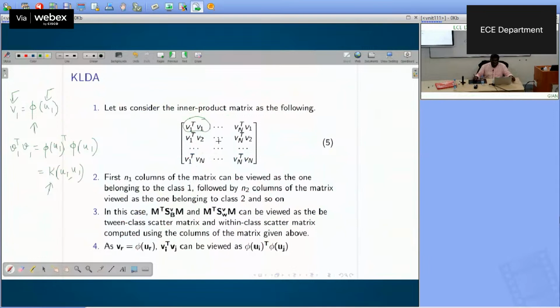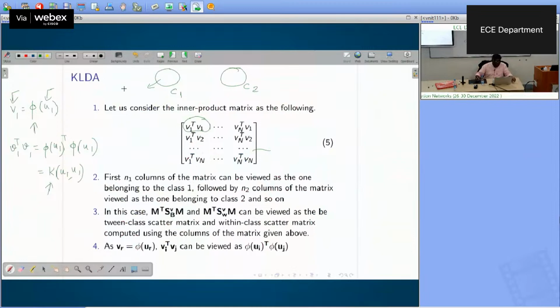But what is the deal? The deal is, if I construct this matrix, what is the size of this matrix? Let us take a very simple example, only two classes, class 1 and class 2.